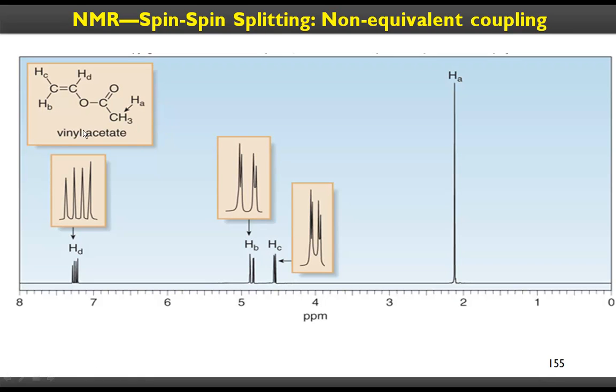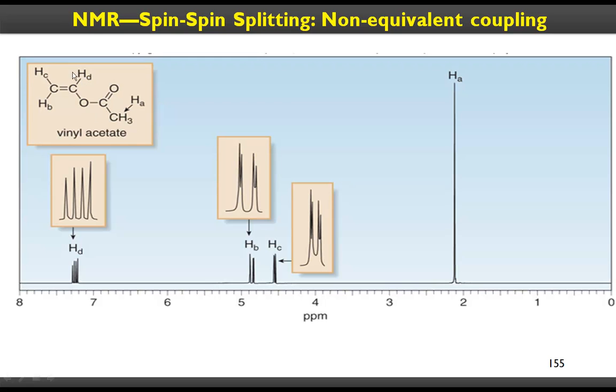This is the spectrum of vinyl acetate. This is the vinyl alcohol, and this is acetic acid, and the ester derived from vinyl alcohol and acetic acid is called vinyl acetate. This CH3 group is a singlet because all the hydrogens are equivalent. They don't couple with each other, and they don't have any neighboring hydrogens. This carbon does not have any hydrogens, so it doesn't get split.